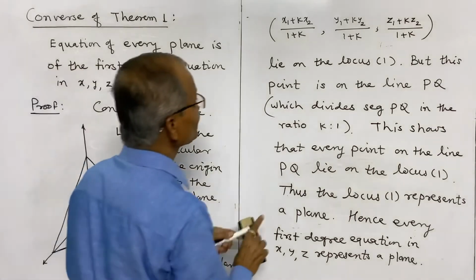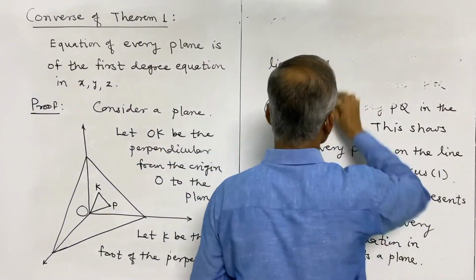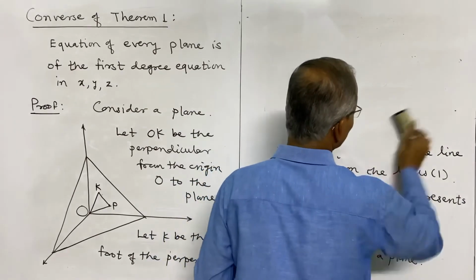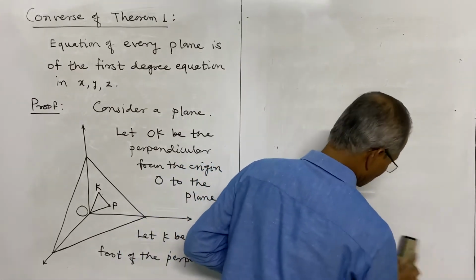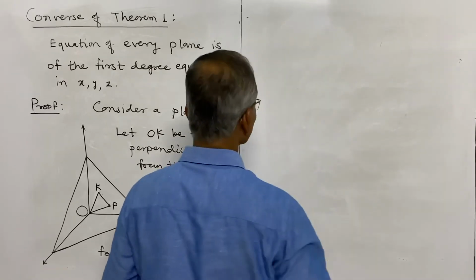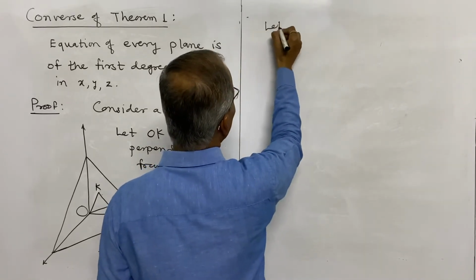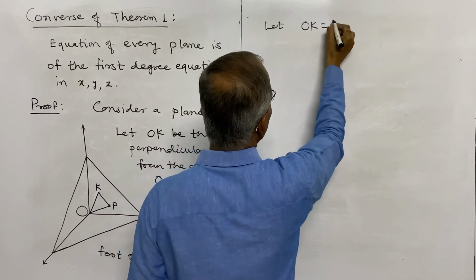Further, we will assume this OK distance is small p. Let OK be equal to small p.